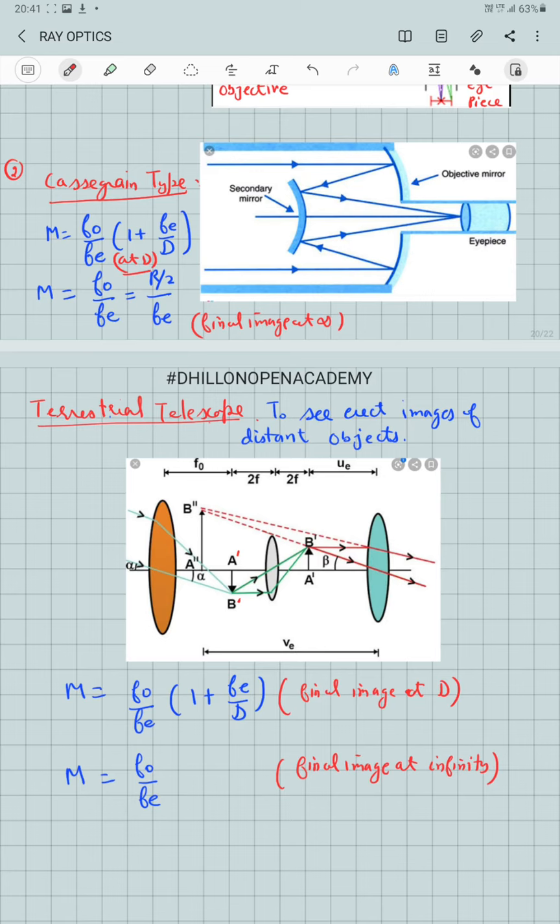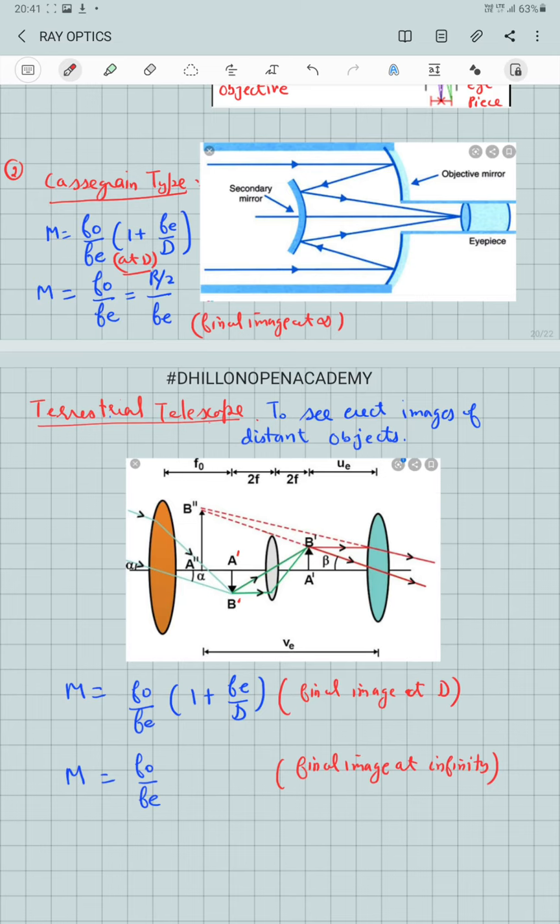In this case, this erecting convex lens forms an erect image on the other side at the same distance from its optical center, that is also at 2f distance.